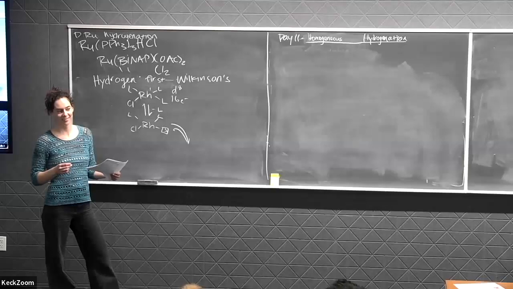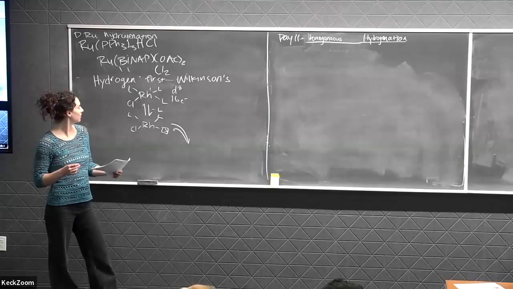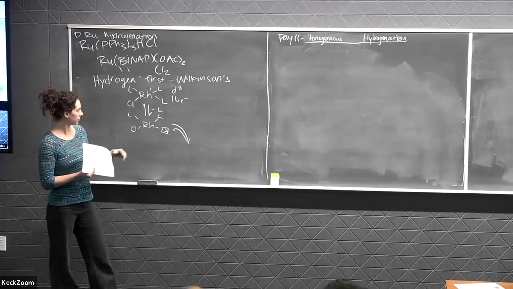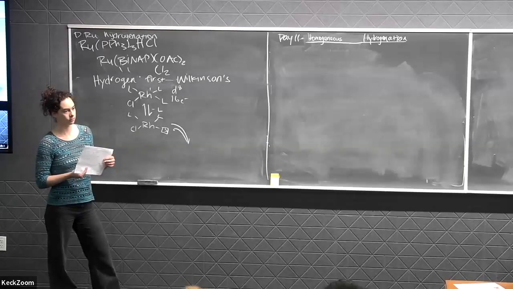The position that you've drawn will be the least sterically encumbered. The other would be the one with the strongest trans influence, so you could make an argument for either based on first principles.